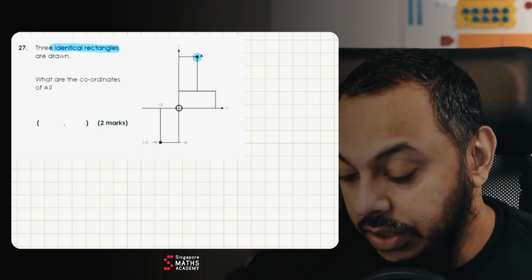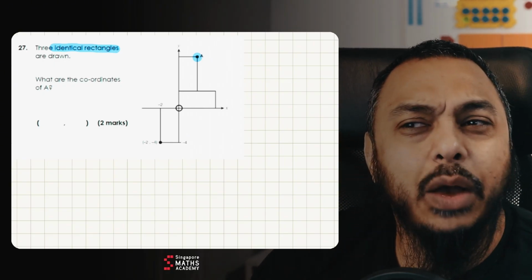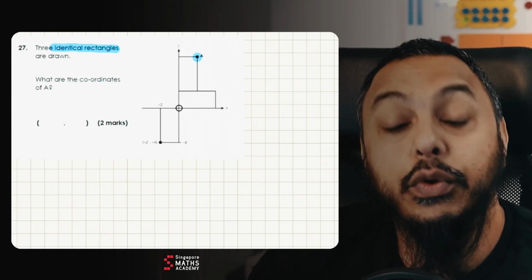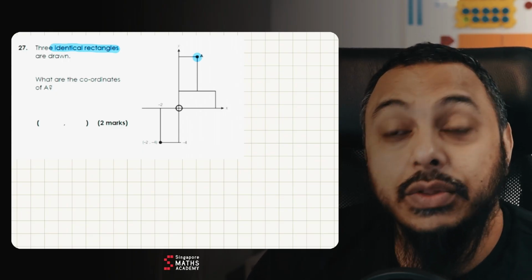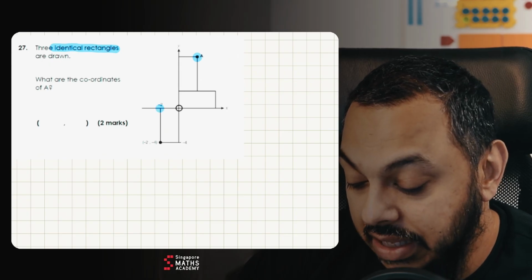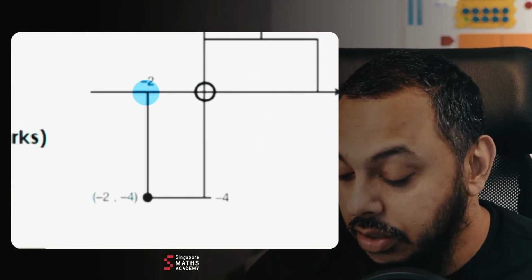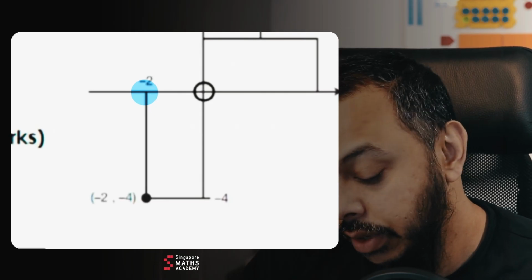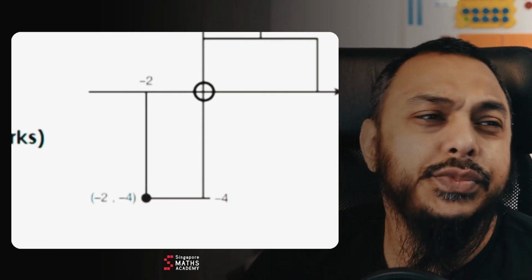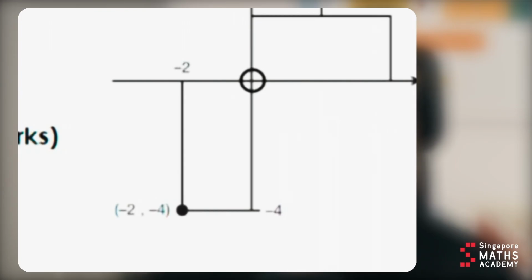They haven't given us much, so whatever they've given us is what we've got to use to work out the length. So for example, they've said that this point here is -2. So if that point is -2, how does that help us? You might realize that with graphs, we always have this point here where the x and y axes meet.